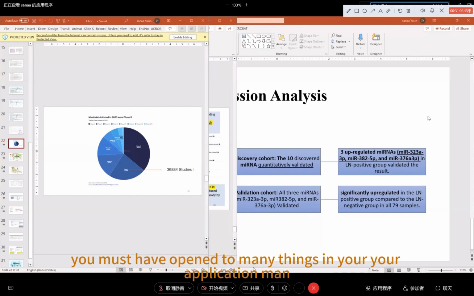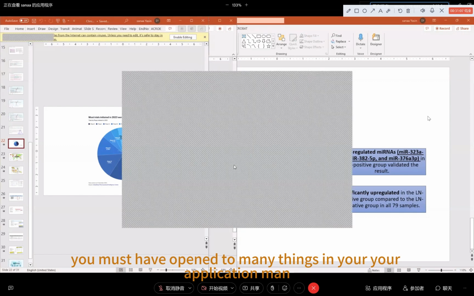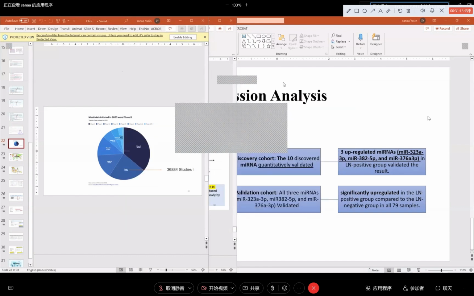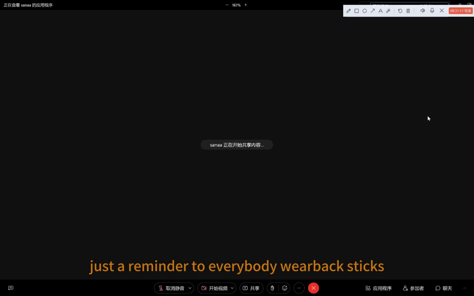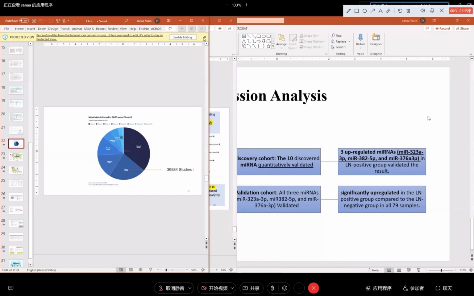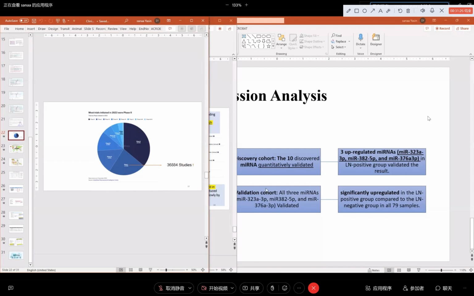You must have opened too many things, and your application might have hanged. A gentle reminder to everybody, WebEx takes a lot of resources, so you might want to close most of your applications before you start sharing. Sana, do you want me to share the slide?